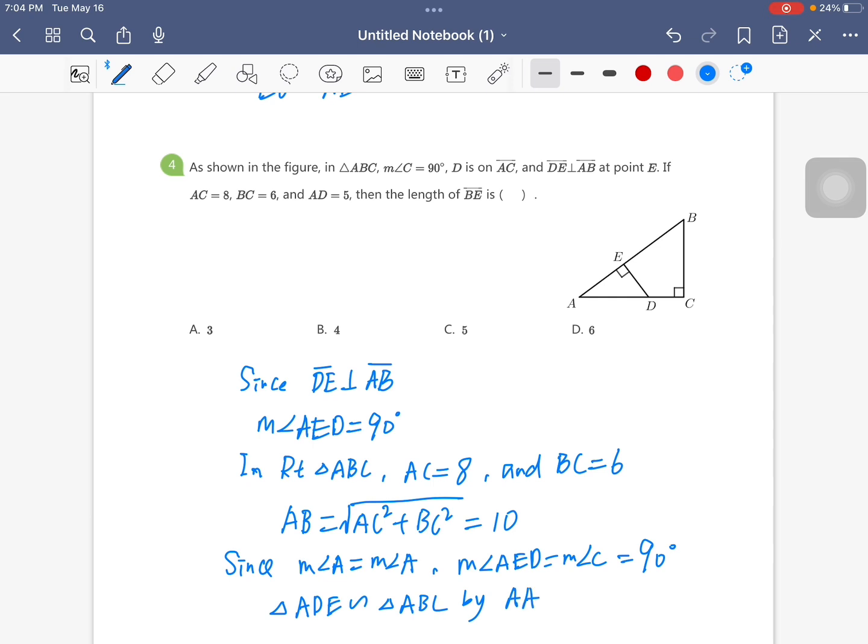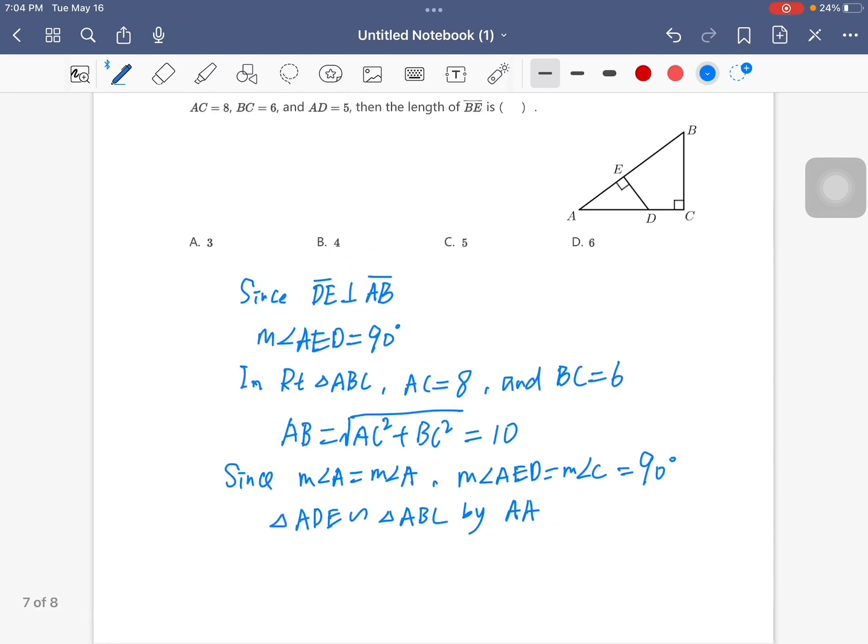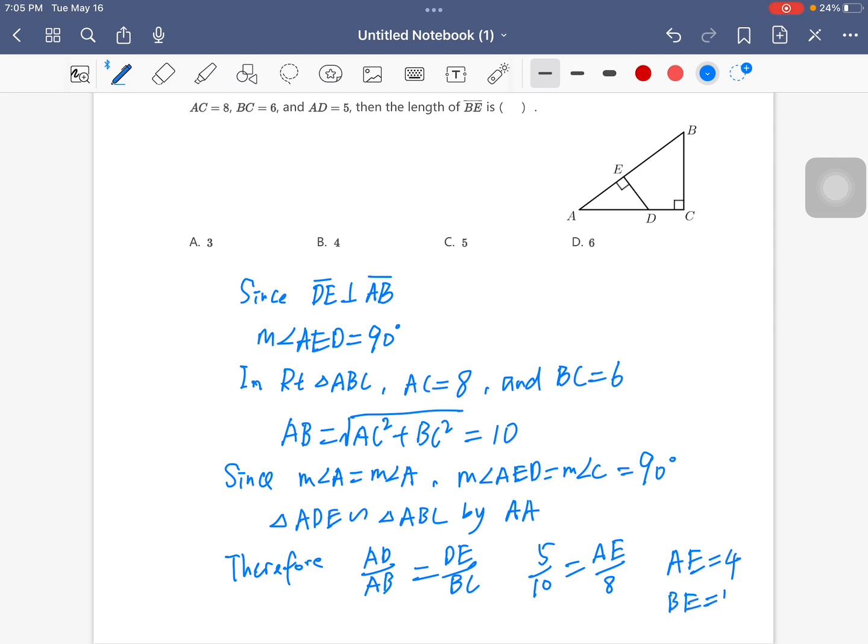Therefore, AD over AB equals AE over AC, which is equivalent to 5 over 10 equals AE over 8. We can then have AE equals 4 and BE equals 6. So choice D for this one.